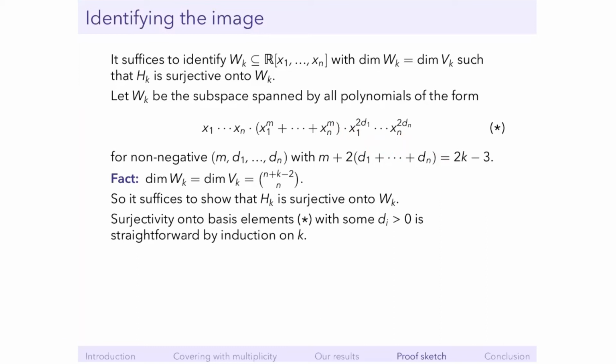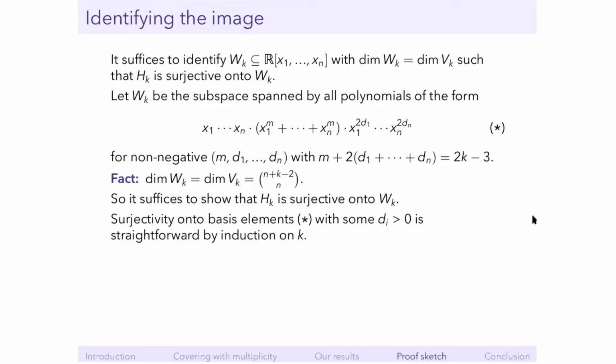And that just follows by induction on k. So these W_k's have some nicely nested structure. Basically, there's a bunch of basis elements where at least one of the d_i's is positive, which are really coming from a lower dimensional setting. So surjectivity onto those is pretty straightforward, just by induction on k.